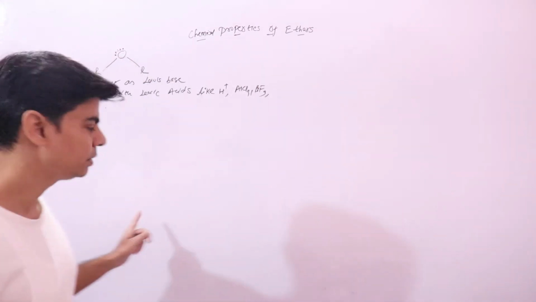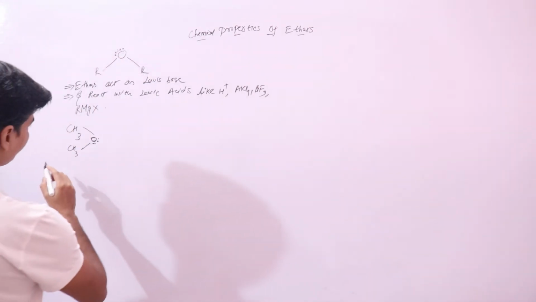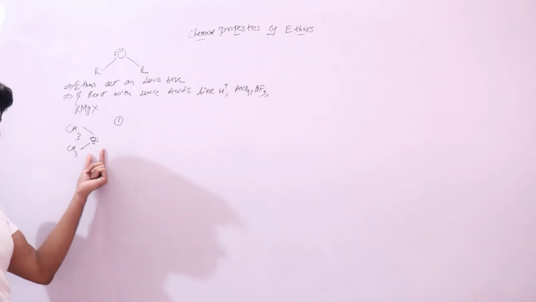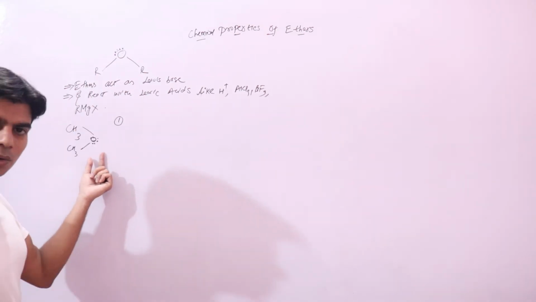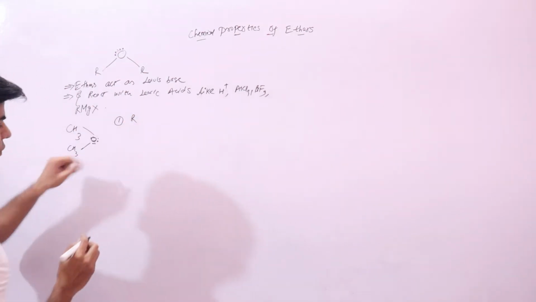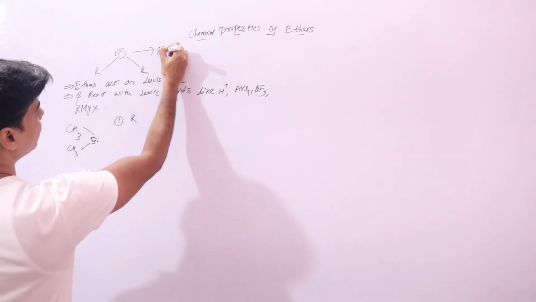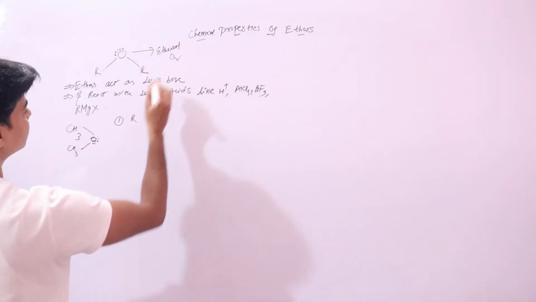Looking at the structure, first is the reaction due to this oxygen, because it can donate an electron. We call this oxygen ethereal oxygen. Let me write it over here, ethereal oxygen.